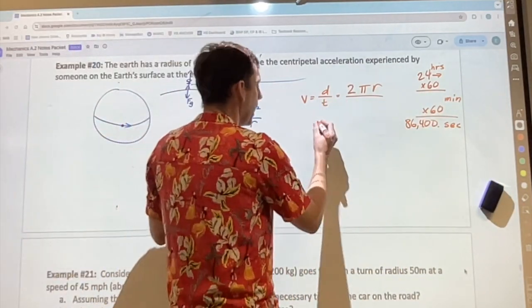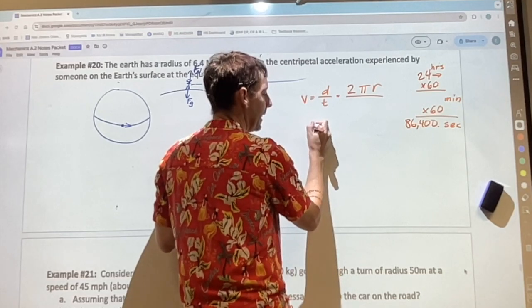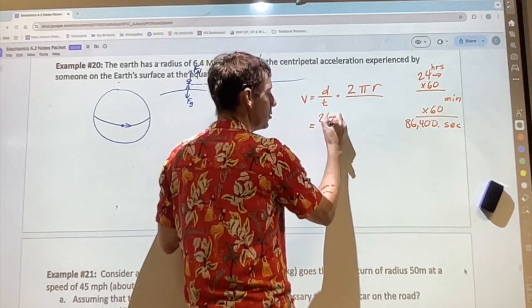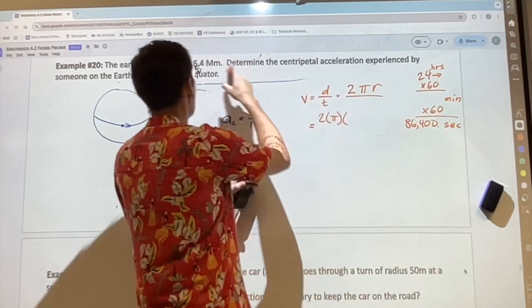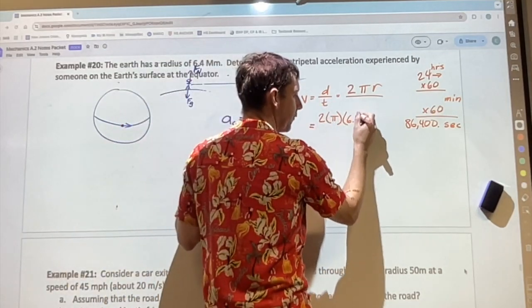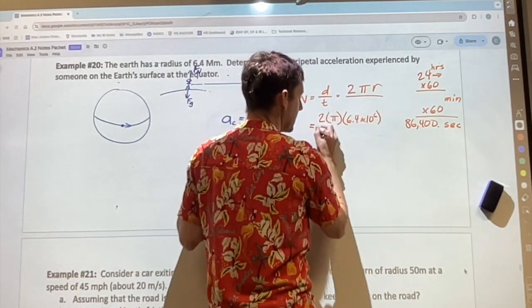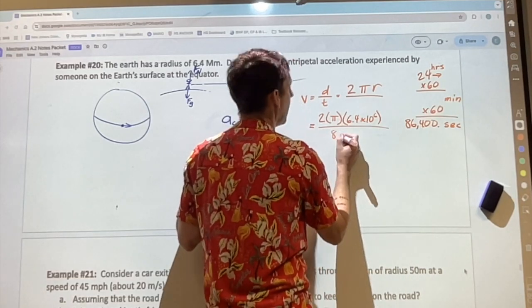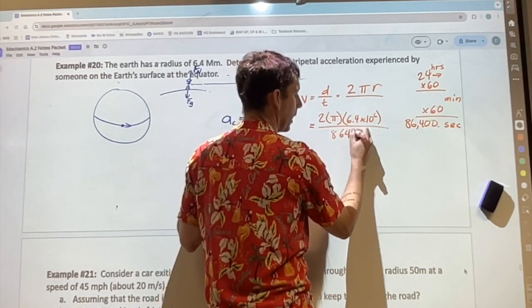All right, so we are going to go ahead and do the distance, which would be 2 times pi times the 6.4 times 10 to the 6th, and then I'm going to divide that by the 86400.